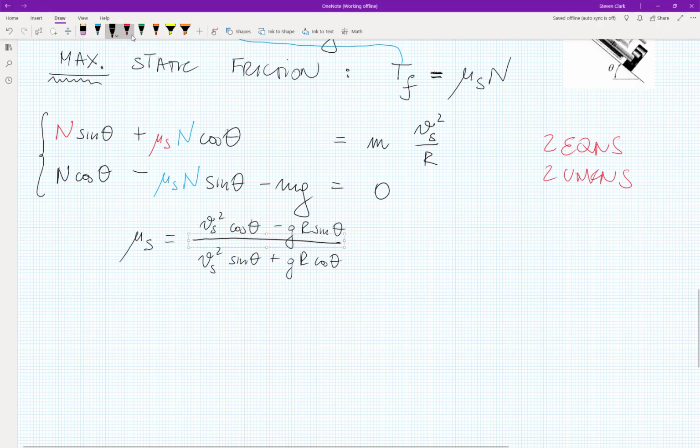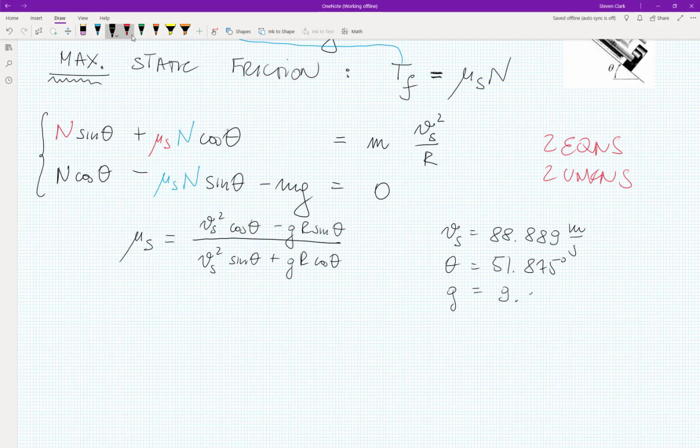So values are the following. Vs is equal to a lot of 8s, meters per second. Theta we found in the previous step. It was, I believe, 51.87. Yeah, that was the value of theta we found in part A. G, you know what G is? 9.81 meters per second squared.